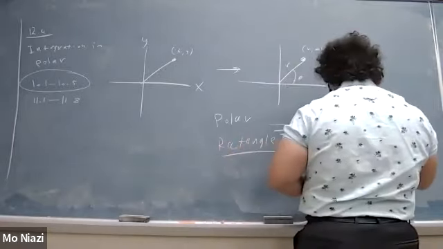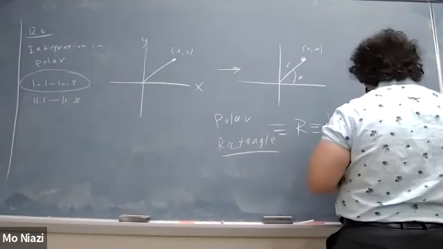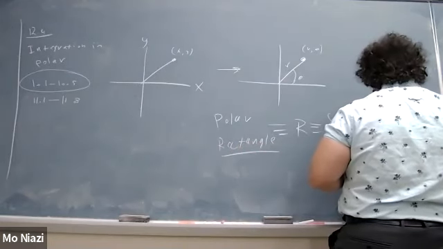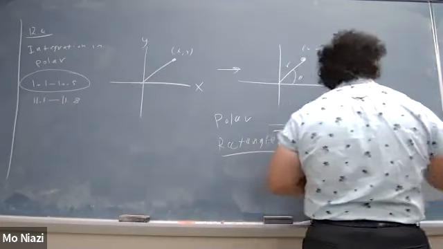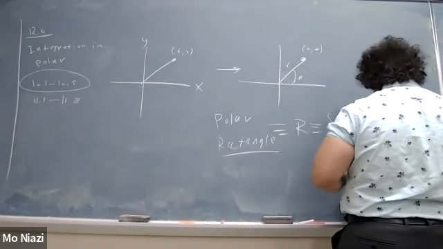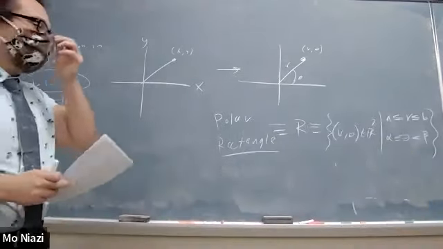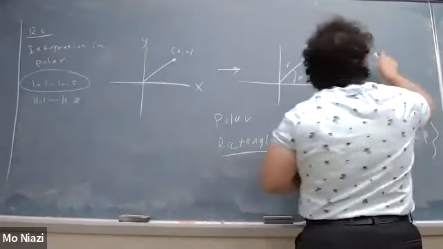It's the set of (r, theta) such that the radius ranges from a to b and the angle theta ranges from alpha to beta. It creates a polar rectangle, if you will, something like so.